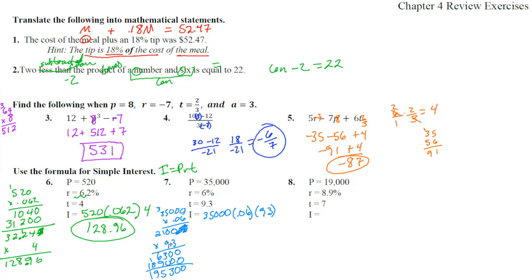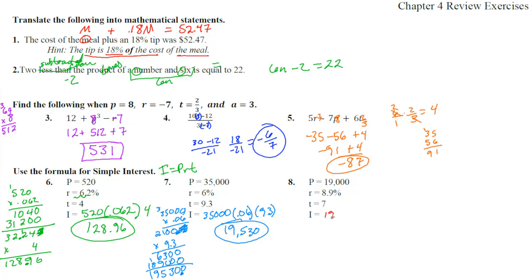And there we go. And 1 decimal place. So we get 19,530. That's what we end up with there. Great. And the last one, number 8.